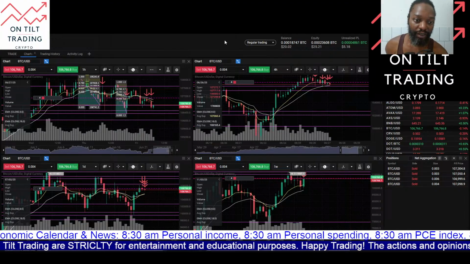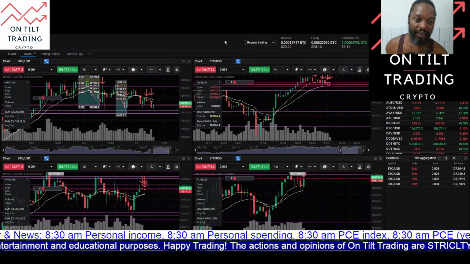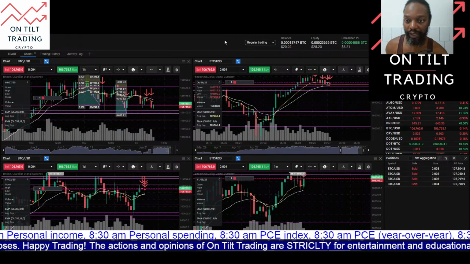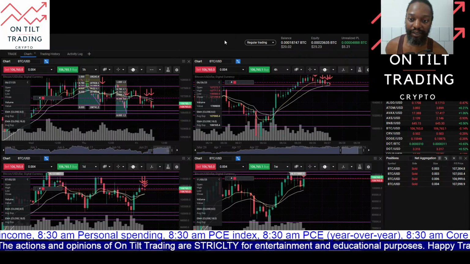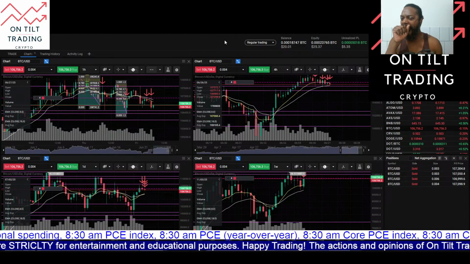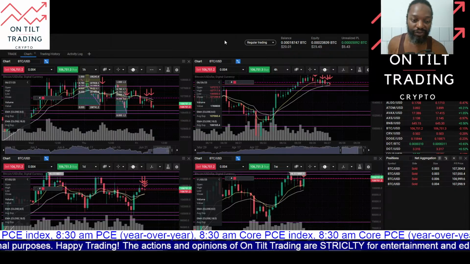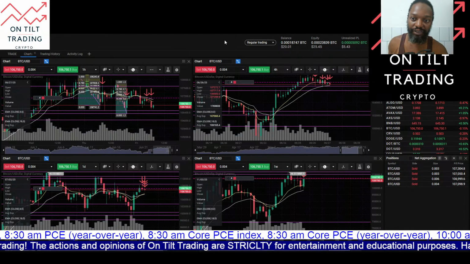Trying to stay up to date with charting and different things for more than one currency pair for me is a lot of work. So focusing on just one pair makes things a lot easier on me as far as information.